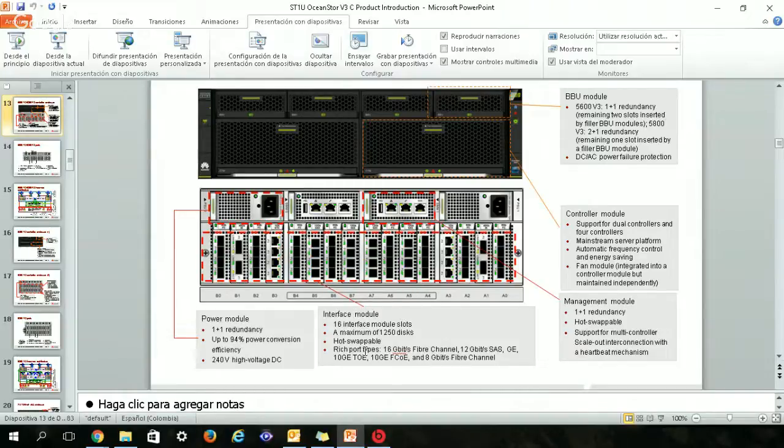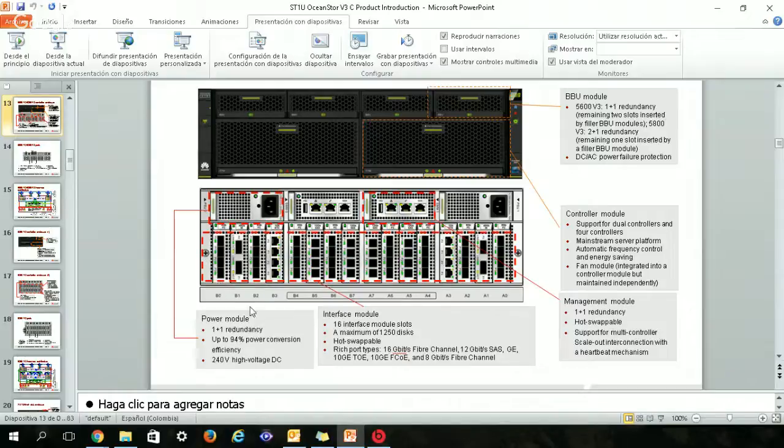For each port size, I have 16 gigabit fiber channel, 12 gigabit SAS, and 10G fiber channels. You can see those are Ethernets. Those are for expansions right there, you can see P0 and P1. This is for expansions, and here we can see fiber channels.